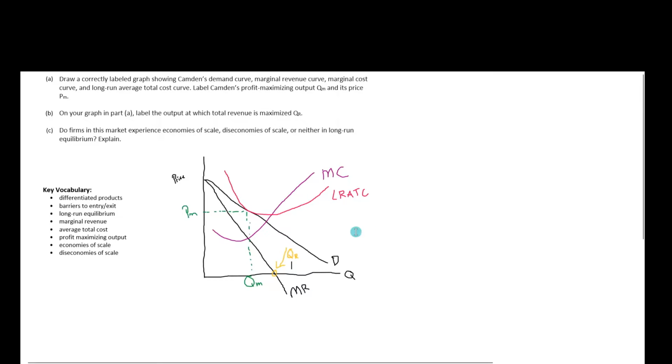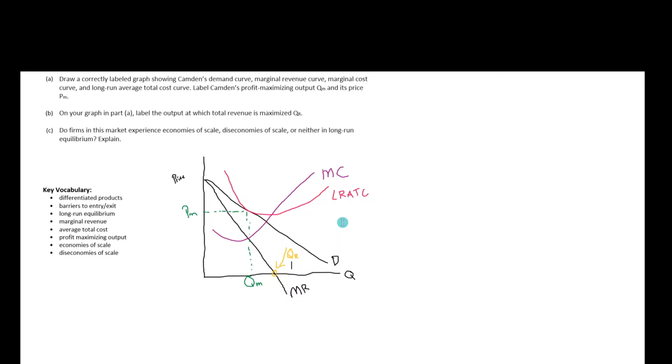Another thing worth remembering is the reason why this monopolistically competitive firm is not able to have positive economic profits, where price is greater than average total cost, in the long run.